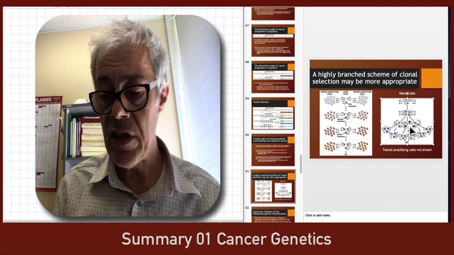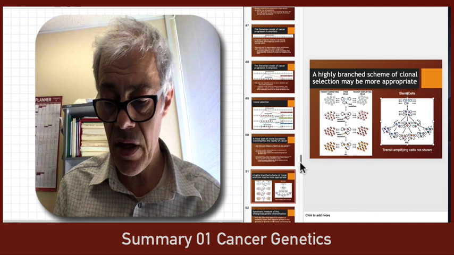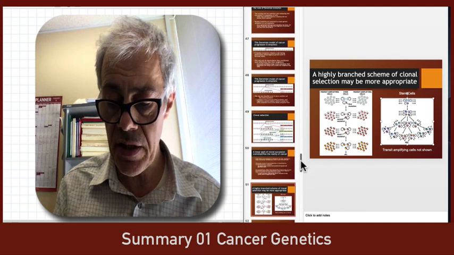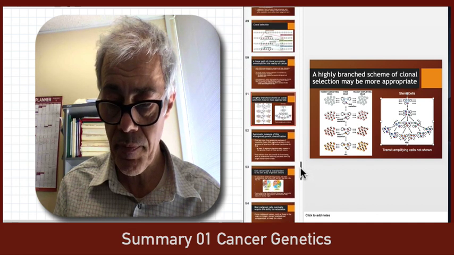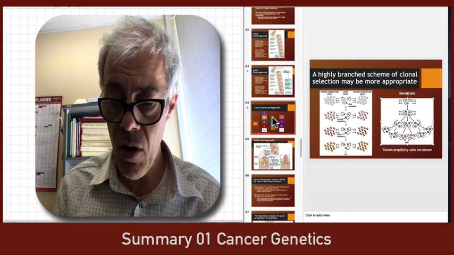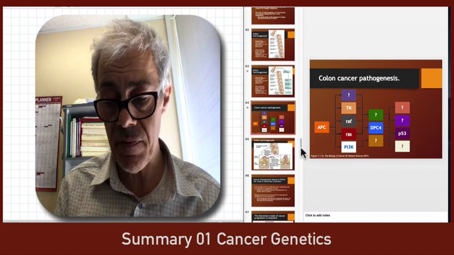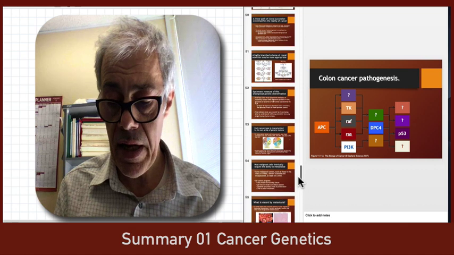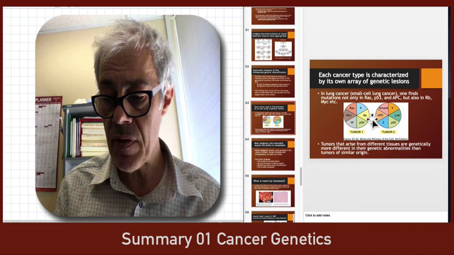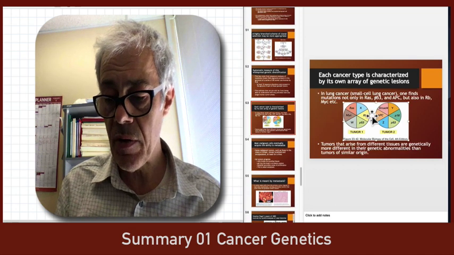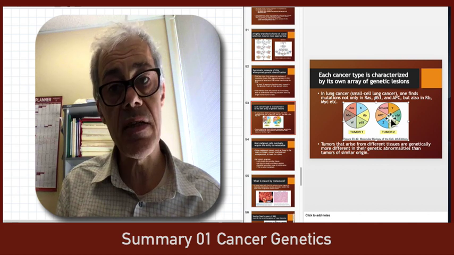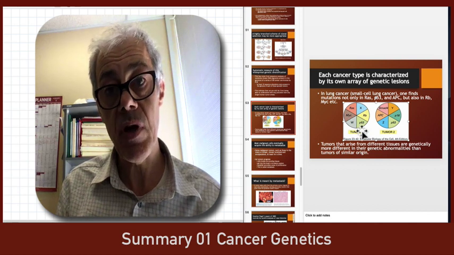But typically, the mutations that are occurring hark back to this idea of coming from a common subset of genes. Then there's a breakdown of some of the common players in colon cancer.